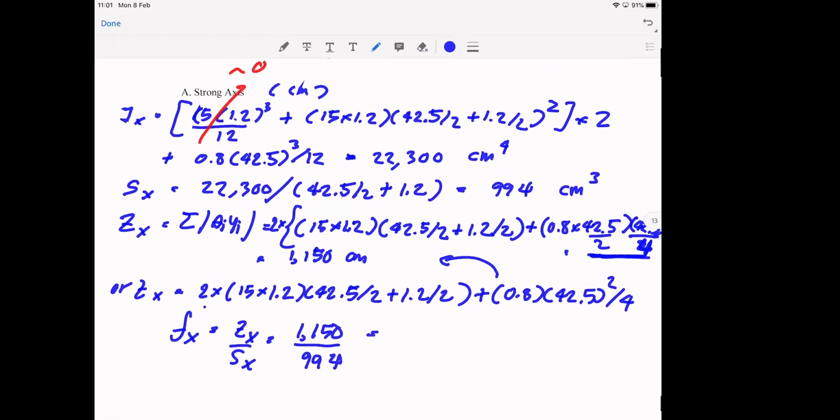That's about 1.16. So that becomes the shape factor in x direction.